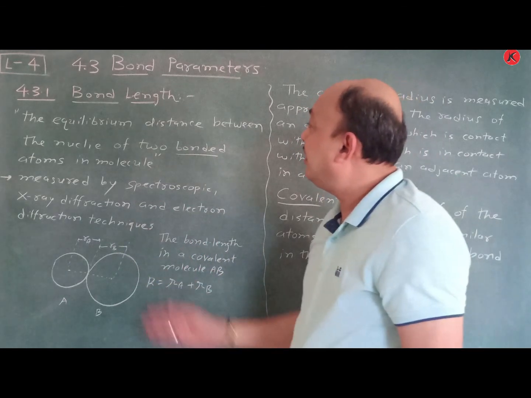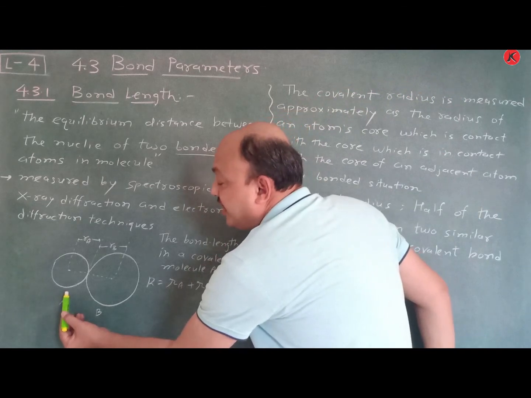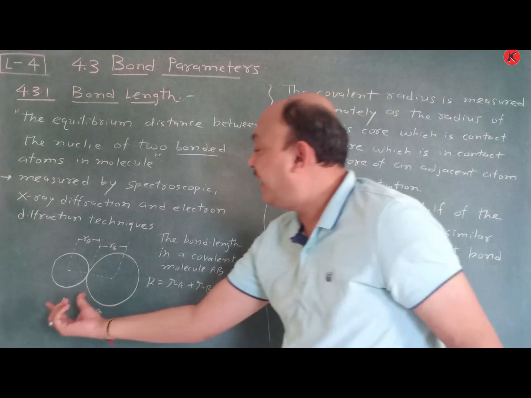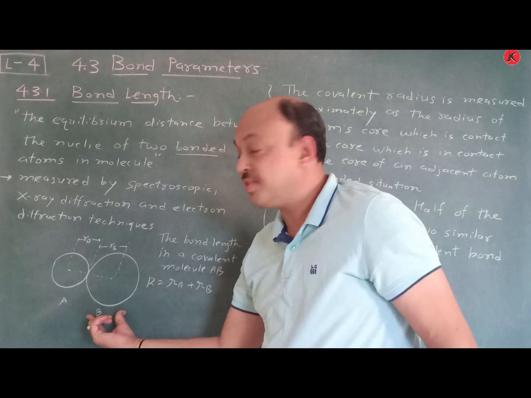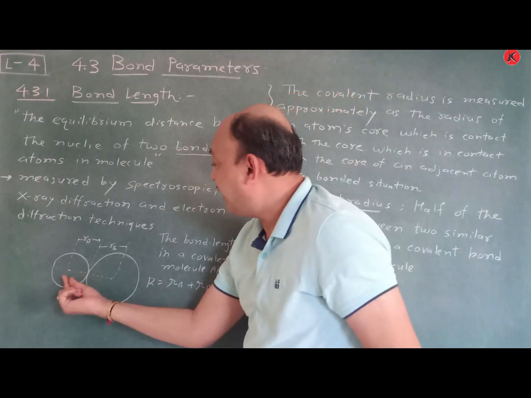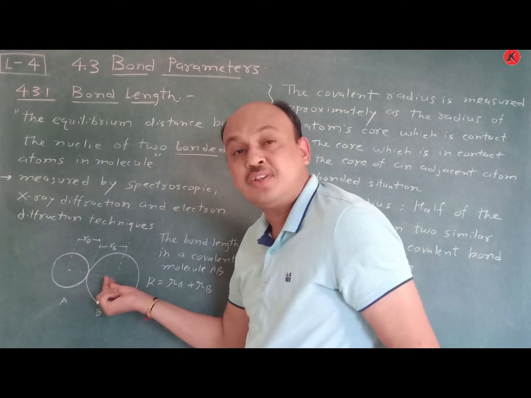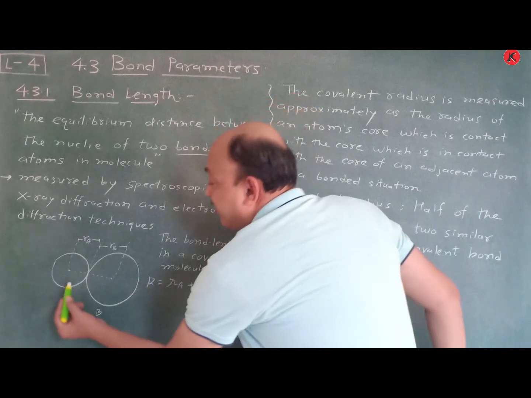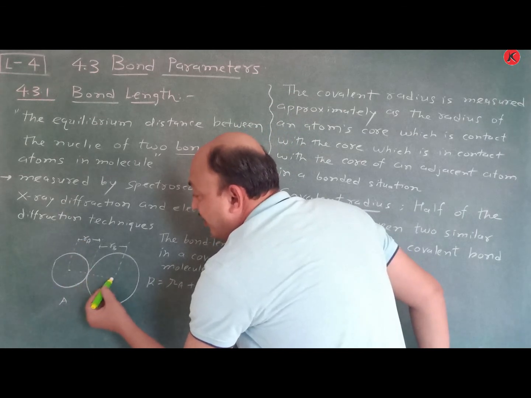So, the equilibrium distance between the two nuclei of bonded atoms. Suppose we consider an atom A and an atom B. Obviously, atom A contains positive charge and atom B negative charge, because of atomic size. This is the nucleus center of atom A, and this is the nucleus center of atom B. If we join A and B, this radius is called RA and this radius is called RB.